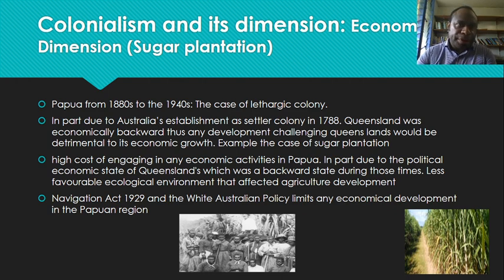So what I'm saying there is the lack of economic development in the Papuan region has to do with how the Queensland economy is situated. Okay, so let's continue. There was a high cost of engaging in any economic activities in Papua, in part due to the political economic state of Queensland, which was a backward state during those times, and a less favorable ecological environment that affected agricultural development.